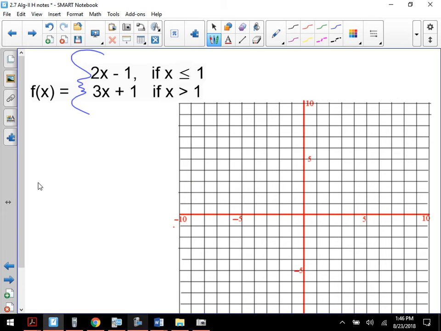I'm going to make this second graph a negative slope, just to show you that it can do something different. So I have f of x is 2x minus 1 if x is less than or equal to 1. And then f of x will equal negative 3x plus 1 when x is greater than 1.